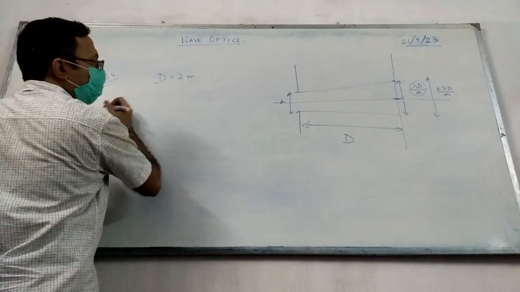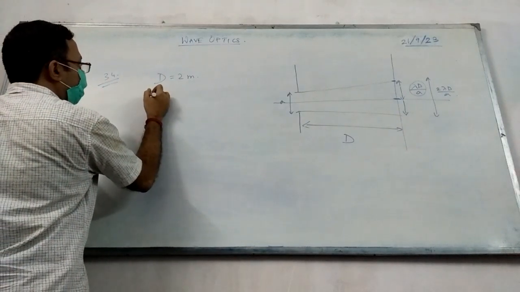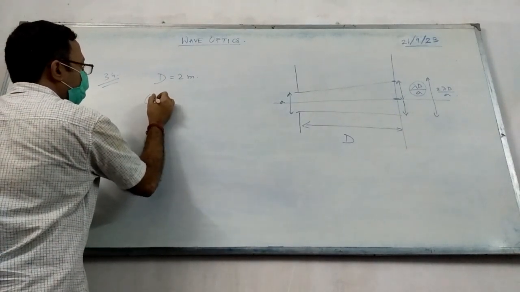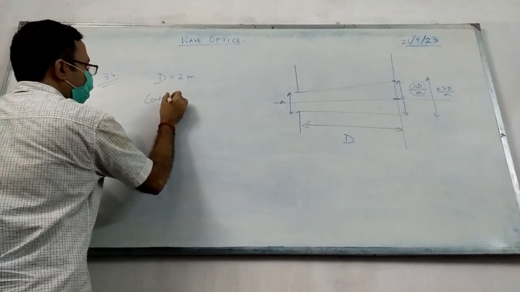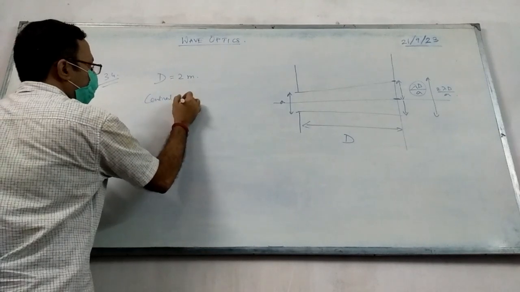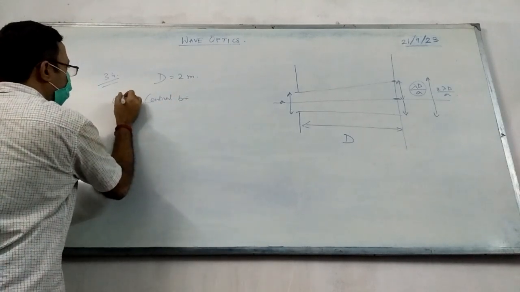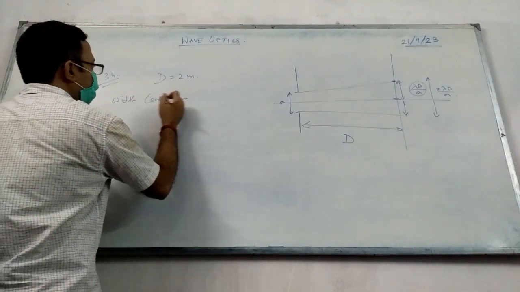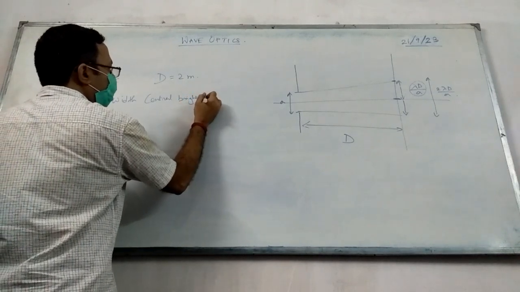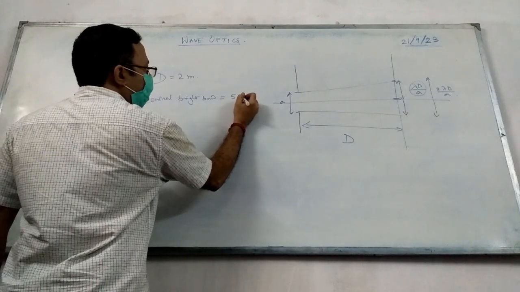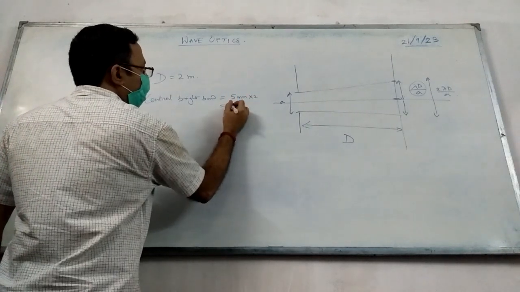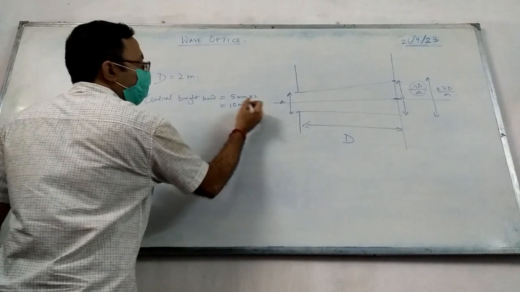So the width of the central bright band is 5 millimeter into 2, that is 10 millimeter.